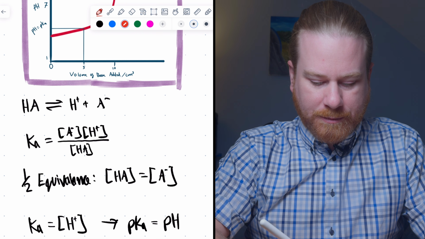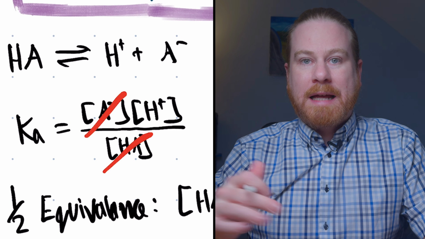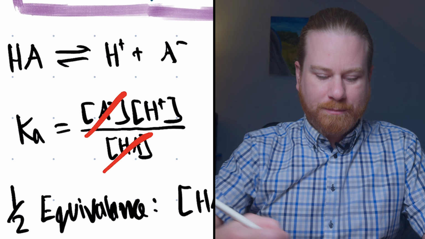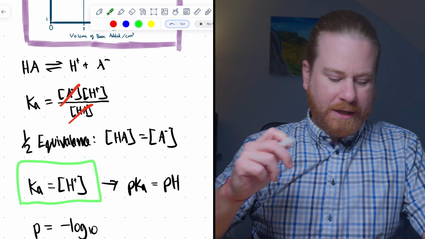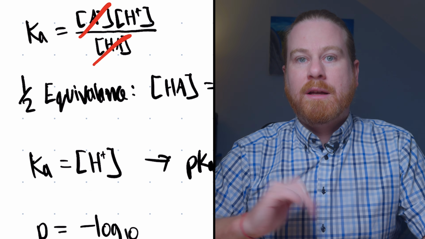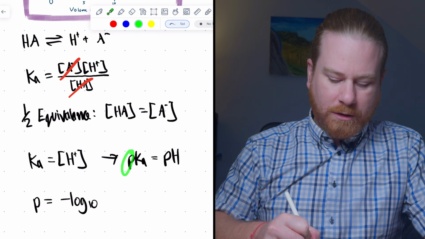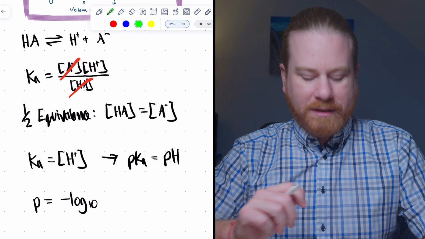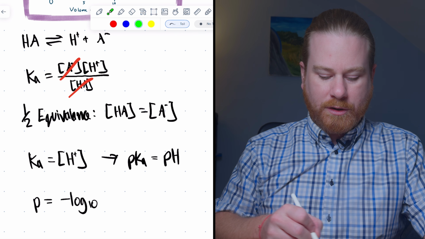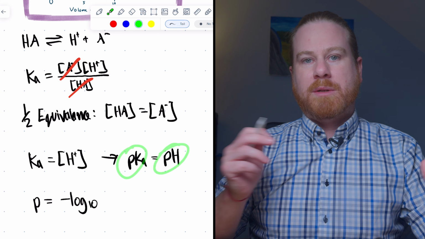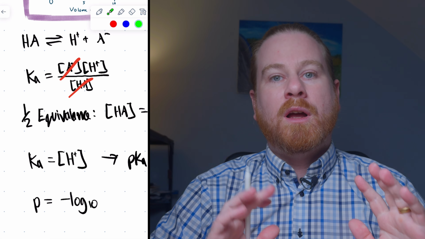So what that means is we can cancel those values out because they are the same, which then leaves us with this expression here. So Ka equals the concentration of the hydrogen ion, and we can just negative log to the base 10 this, as p just means this. So pKa equals pH. There we go, nice and simple.